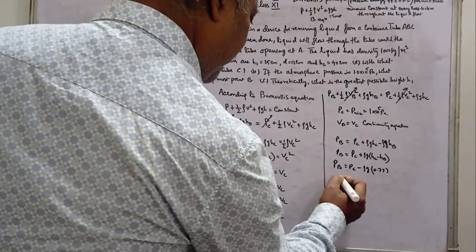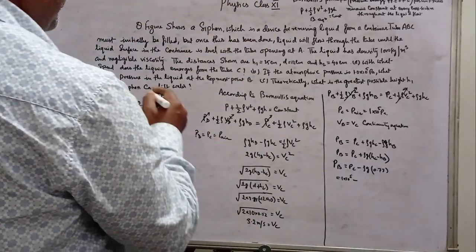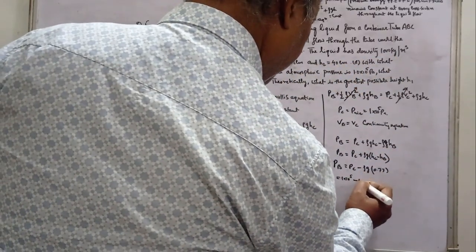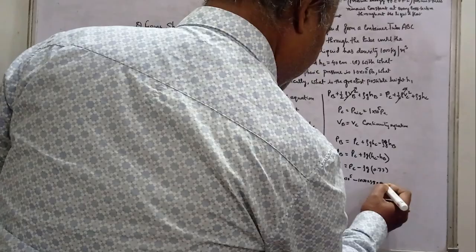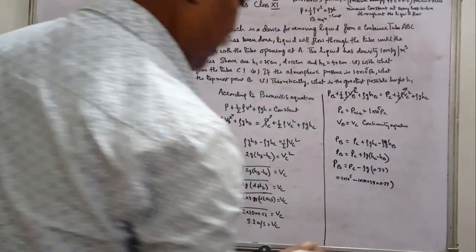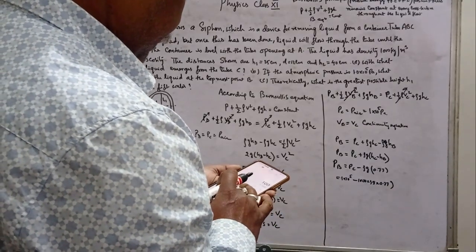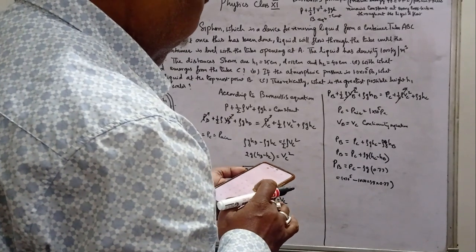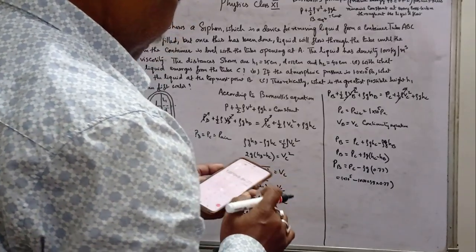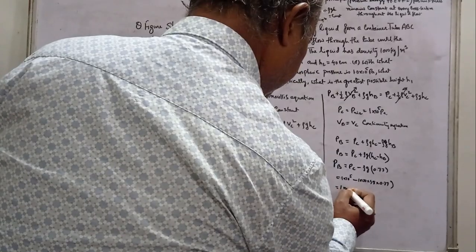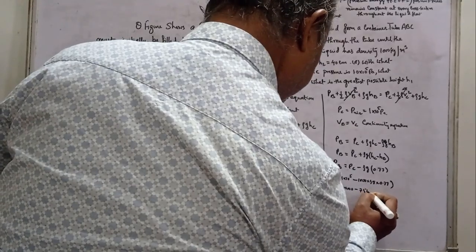Now when we place the values, that is 1 into 10 to the power of 5, your rho density is given to you as 1000, G is 9.8 and this is 0.77. So 1000 into 9.8 into 0.77 comes out to be 7546.